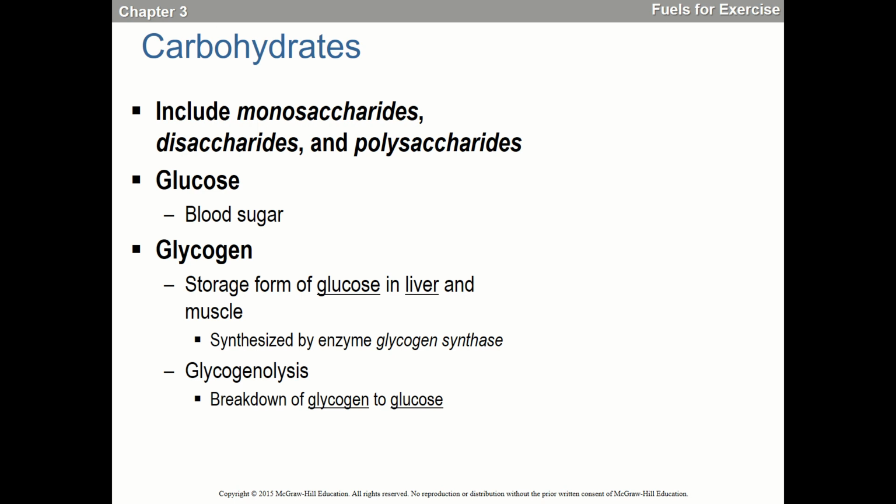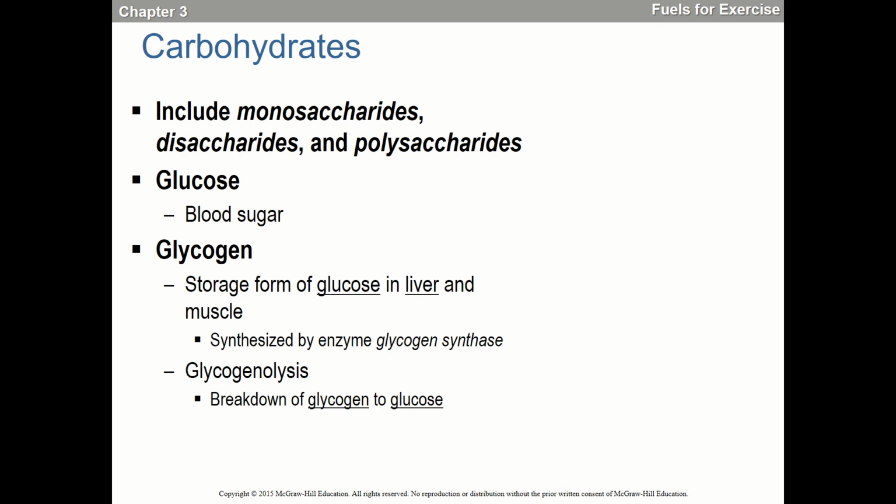Whenever we get into exercise metabolism, we're going to be talking about burning muscle glycogen and blood glucose. Muscle glycogen is the storage form of glucose within the muscle. Blood glucose we derive from liver glycogen or from your diet. Everyone good with this so far? And we'll do some calculations coming on.